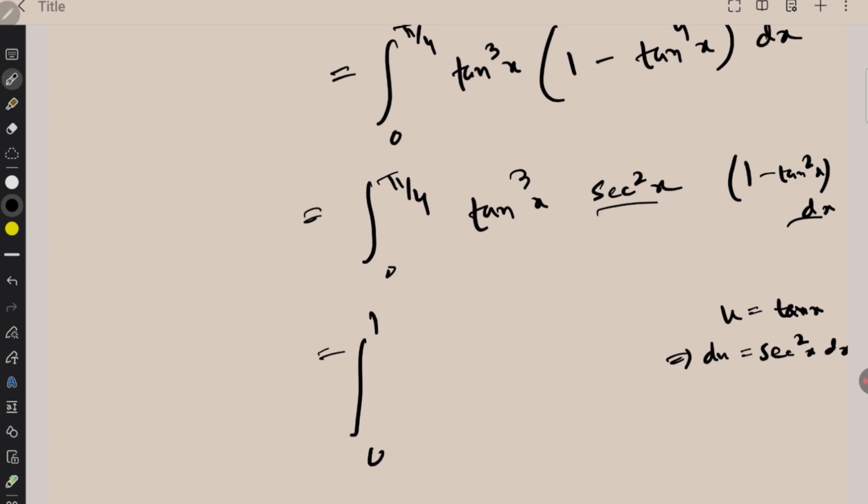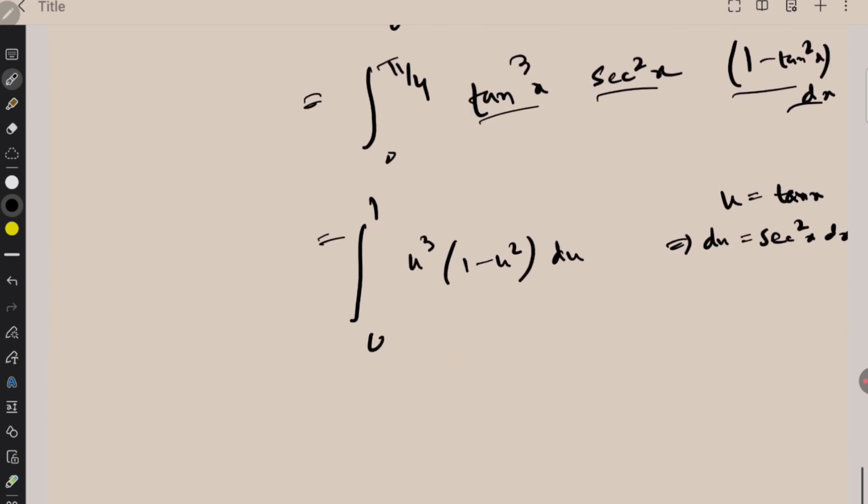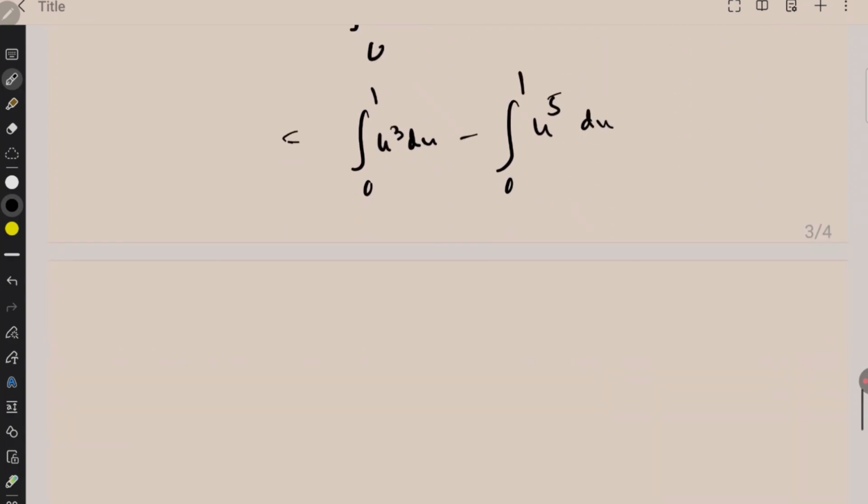Again, 0 to 1 after changing the limit with respect to u. This is going to be u cube, this is 1 minus u squared, and this is du. So you have integral 0 to 1 of u cube du minus integral 0 to 1 of u to the power 5 du.